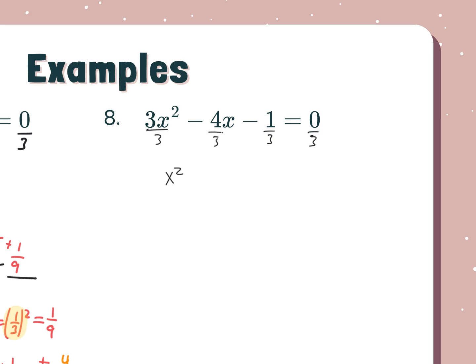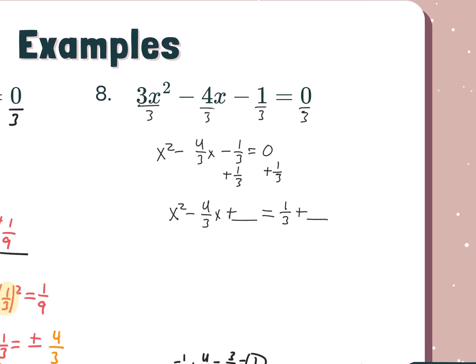So then I get x squared minus 4 over 3x minus 1/3 equals 0. Then I can add my 1/3 to both sides, and so I get x squared minus 4/3 x plus a blank equals 1/3 plus a blank.